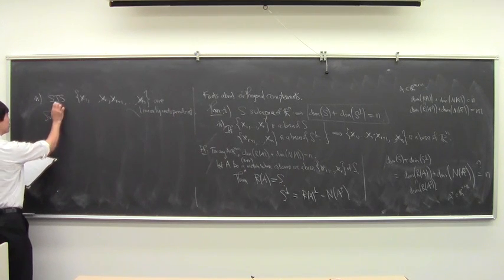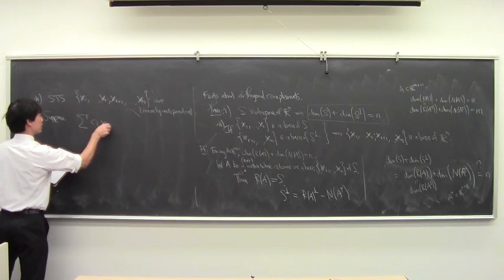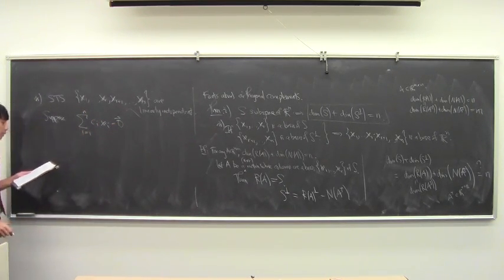Suppose you have some linear combination of these guys, and that linear combination equals the zero vector.